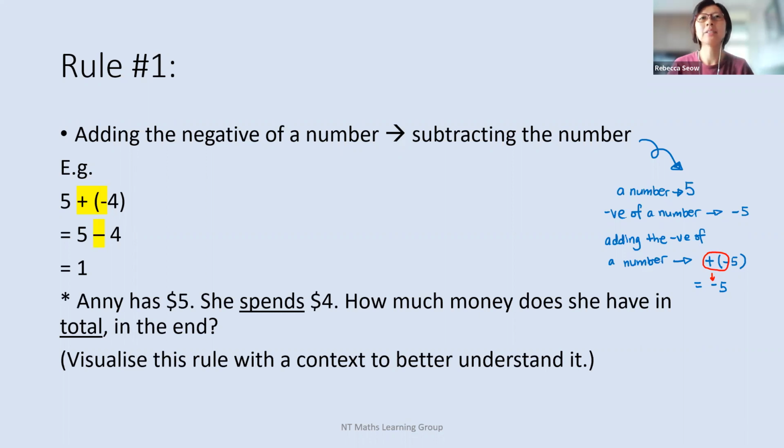She spends $4. So how much money does she have in total in the end? Total means that you have to add, right? So you add what she has to what she has spent. So 5 add to minus $4 gives you 5 minus 4, which is 1.